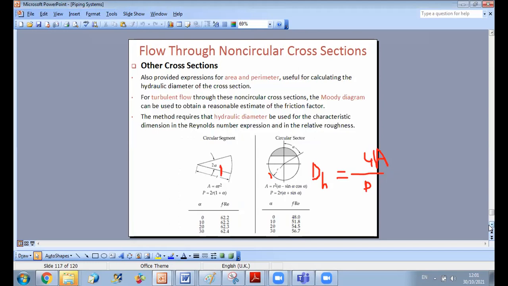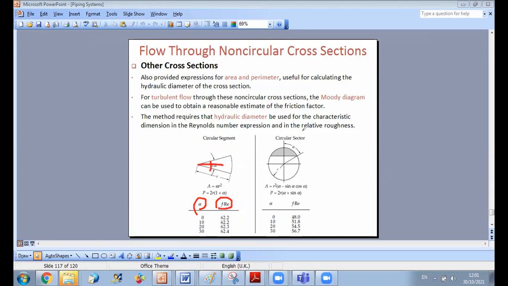Also here we are showing different other types of cross sections. We have the circular segment and the circular sector. As usual, in these cases we can also show that f times Reynolds depends on an angle. So you give the angle, and this will allow you to determine what f times Reynolds is in case of laminar flow. For example, for the circular segment you just need to know this angle and divide it by 2.